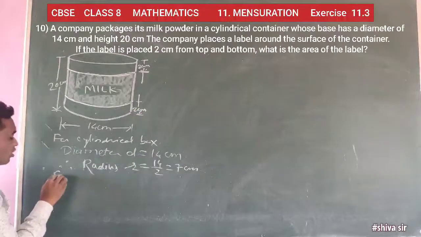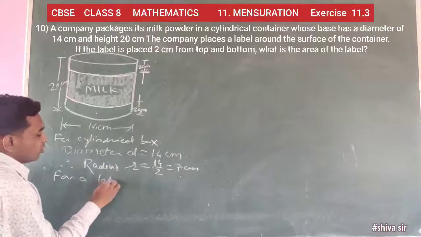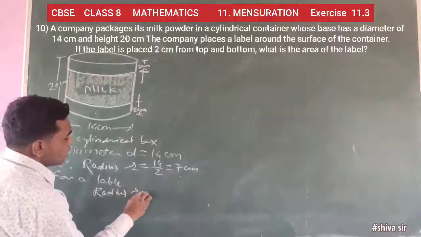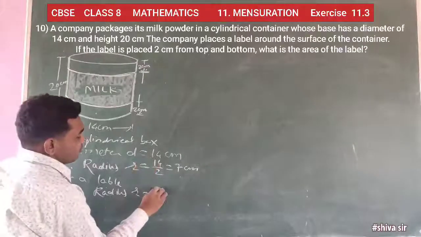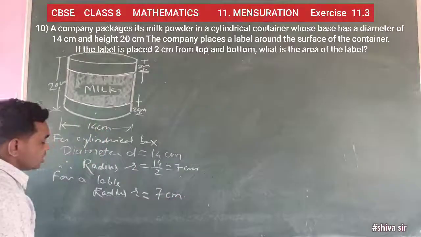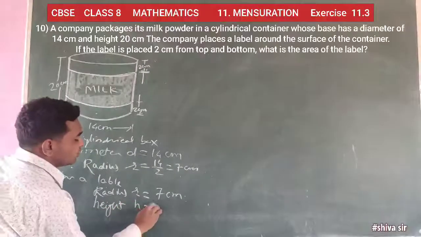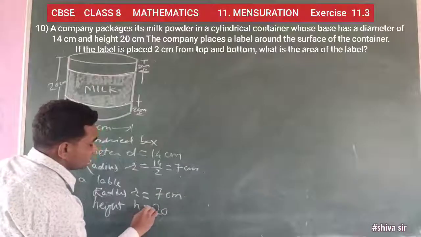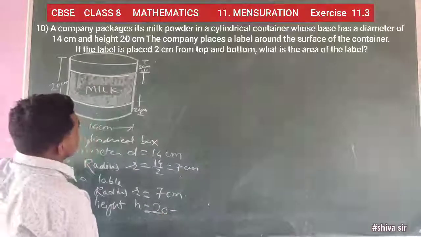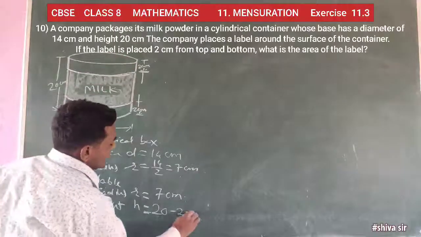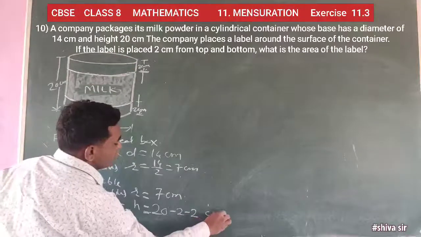So for the label, radius R is equal to 7 centimeter, the same radius, and height H is equal to the total height 20 centimeter minus 2 centimeter from the top and minus 2 centimeter from the bottom.